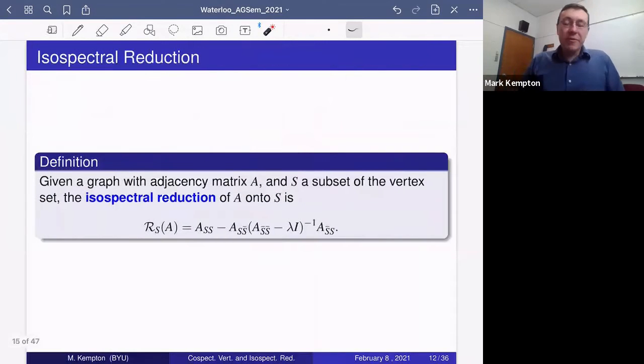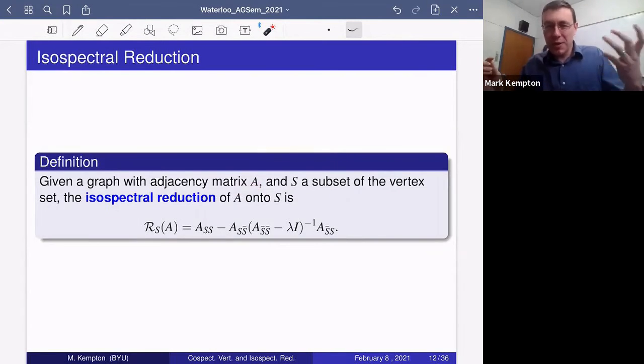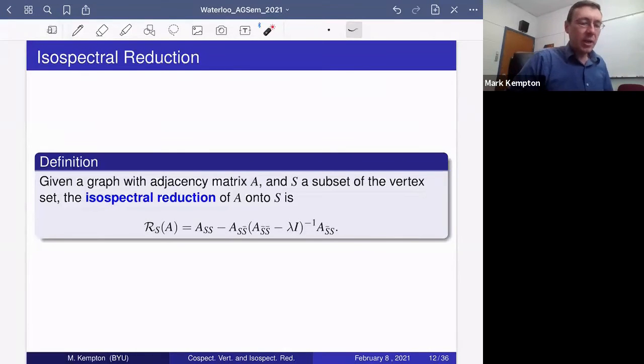Okay, let me shift gears now and talk about something called an isospectral reduction of a graph or a matrix. Given a graph with a particular adjacency matrix, and really you don't need the graph for this definition, you can define the isospectral reduction of any matrix. You take some matrix and some subset S of the index set.